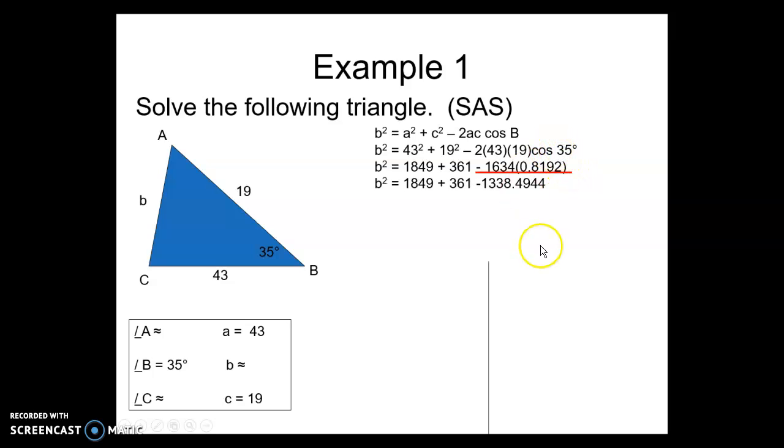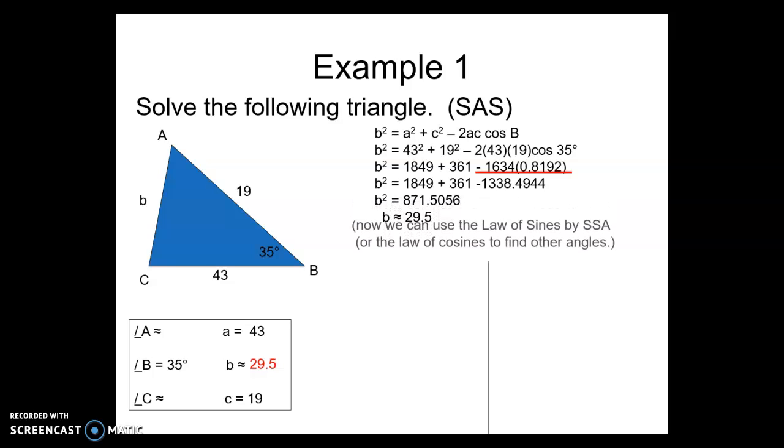So simplifying it more here, B squared is equal to this number, so remember you have to take the square root and round it to the nearest tenth: 29.5. Now let's see how we get angles A and C.